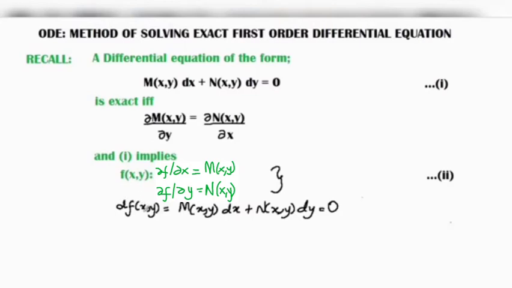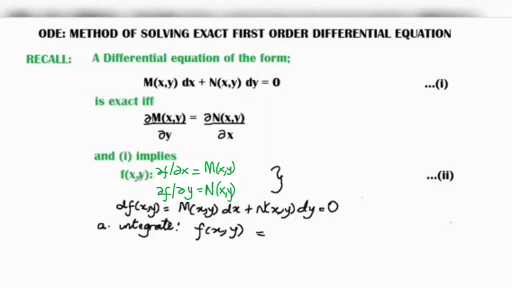So the first thing, if you have an equation of this form, this is a derivative, right? You need to integrate. So if I integrate that, I will have that f of x,y, because the d will cancel the integral, is equal to, now it depends on what I'm integrating with respect to. I could choose to integrate with respect to x or with respect to y.